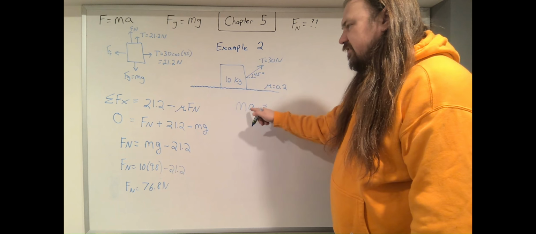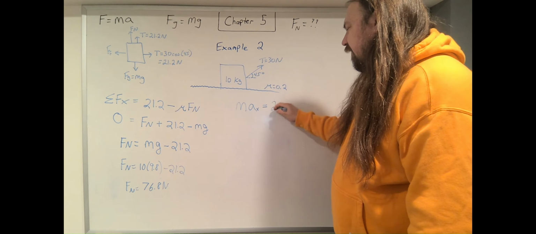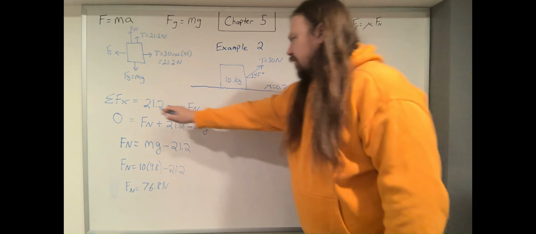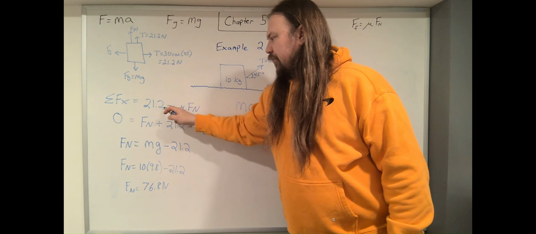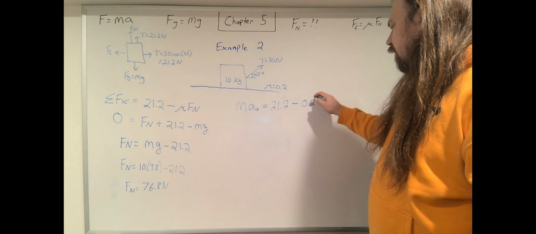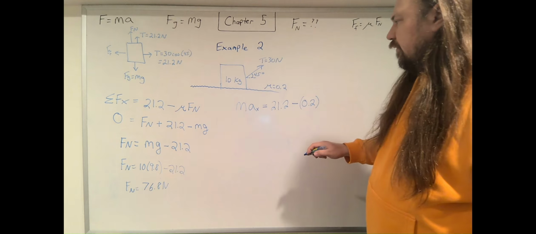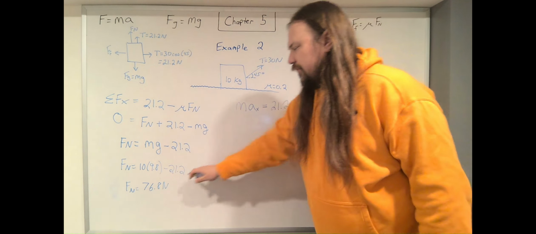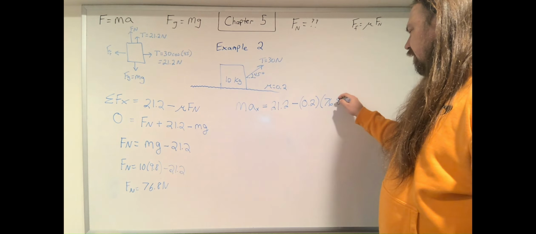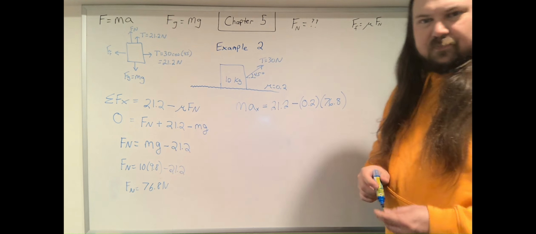Okay, so this is our sum of everything in the x direction, and it's equal to ma, 21.2 minus mu, which is 0.2, times the normal force. And the normal force we had just solved to be 76.8.